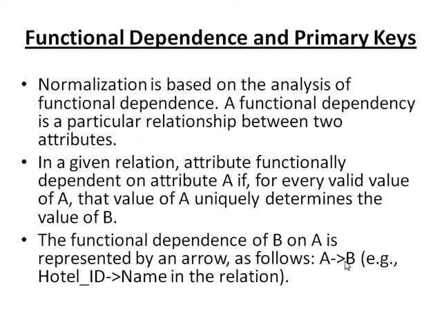B is fully functionally dependent on A. So for example, hotel ID and name in the relation. So name is fully functionally dependent on hotel ID. So hotel name is functionally dependent on hotel ID.